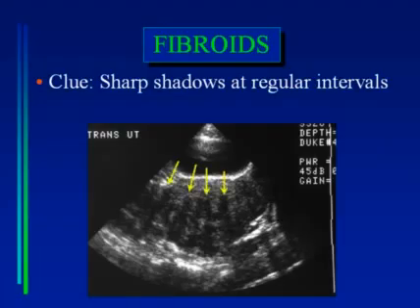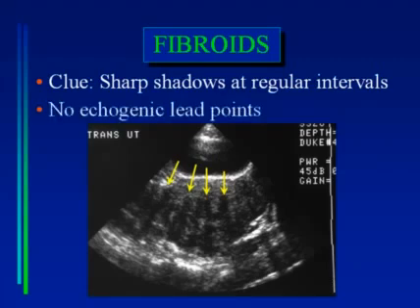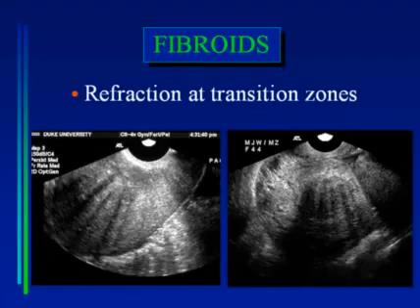Sometimes shadows from fibroids are due to calcifications, but this particular pattern is not due to calcifications because, as you can see, these are not coming from echogenic lead points. Calcifications would have echogenic lead points. In fact, this is another example of this shadowing pattern from a fibroid, and the shadowing is thought to be due to refraction or phase cancellation at transition zones between different materials within the fibroid.